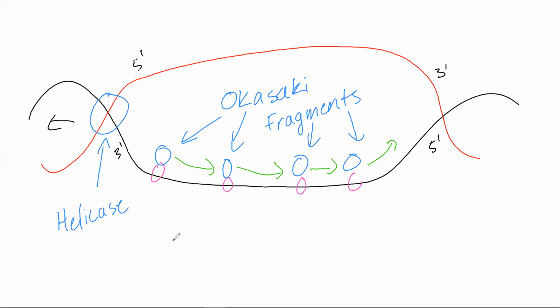Let me move out this DNA strand. So now we have a DNA strand that looks something like this with a bunch of holes in it. Well, how do we fix it? While it's still attached, what you need to add is one more enzyme. This last enzyme is called exonuclease, sorry.